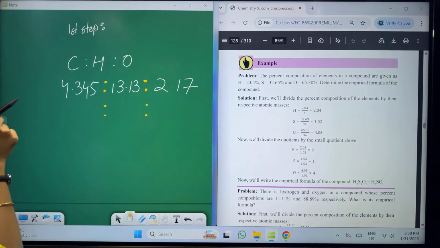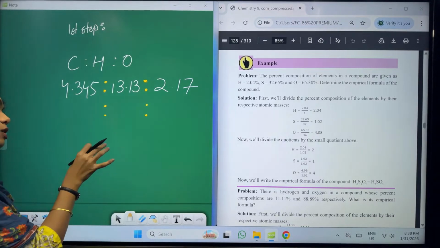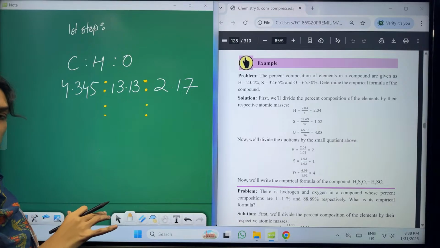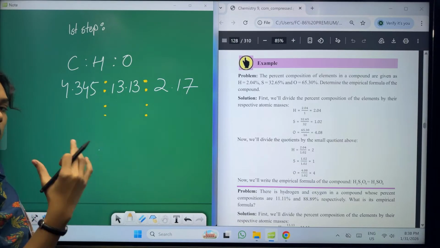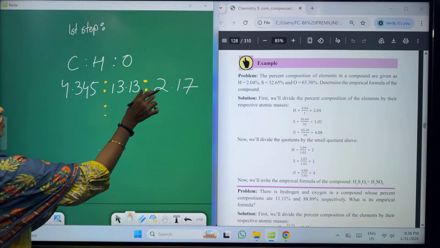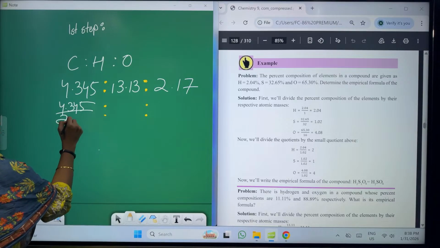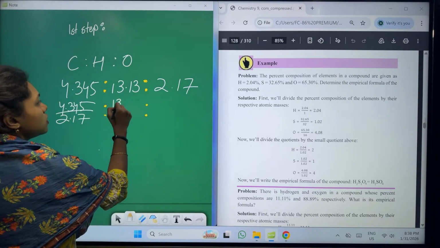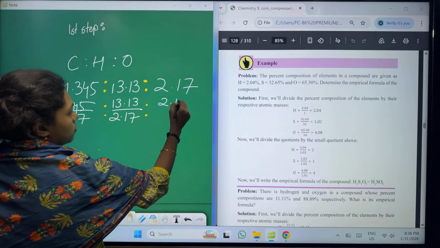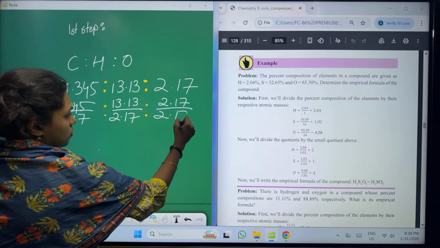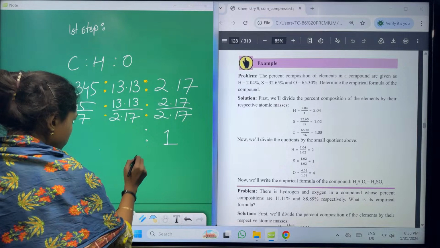In a ratio, we can always multiply or divide each term of the ratio by the same number, which is why we are going to divide each of them by the smallest number, 2.17. So this will be 1, this will be 1.